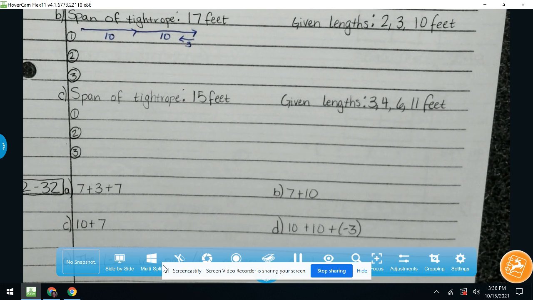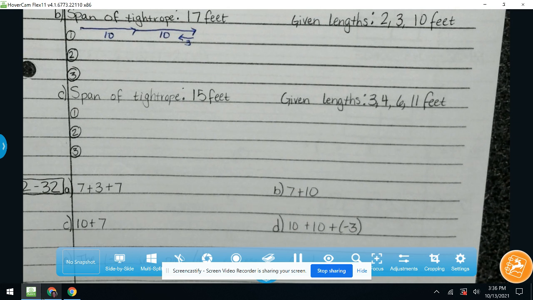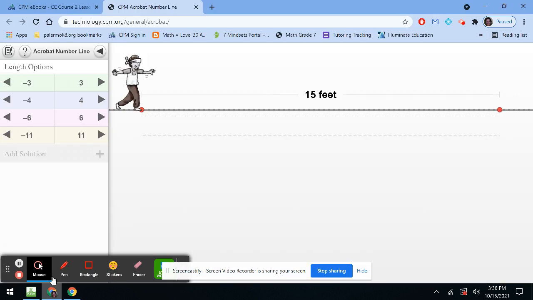So to brainstorm what might happen, some of the ones that are very popular is to do, let's see here, 4 plus, and then 11.